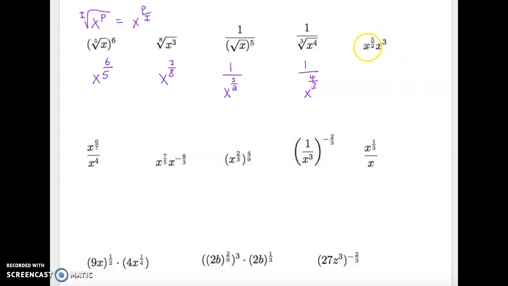So when I have x to the 5/2 times x to the 3rd, what we're really doing is x to the 5/2 plus 3. Let's do that in your calculator. You literally type 5 divided by 2 plus 3. When I hit enter, I get a decimal, which is 5.5, which is not super useful.